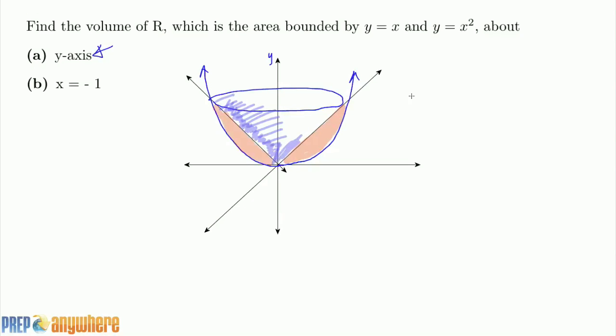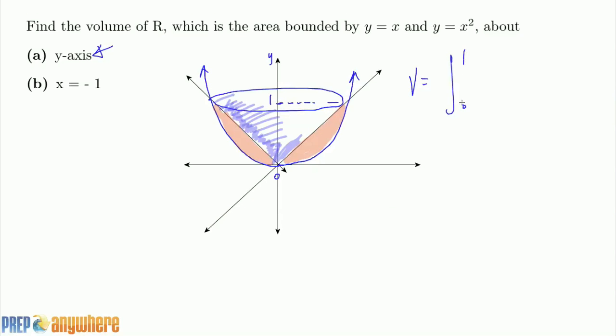So let's start from the fact that the volume is equal to, this time we're rotating about the y-axis. So the height is going to be the x value, and we're actually integrating about the y value. So we're still going from 0 to 1, but it's on the y.